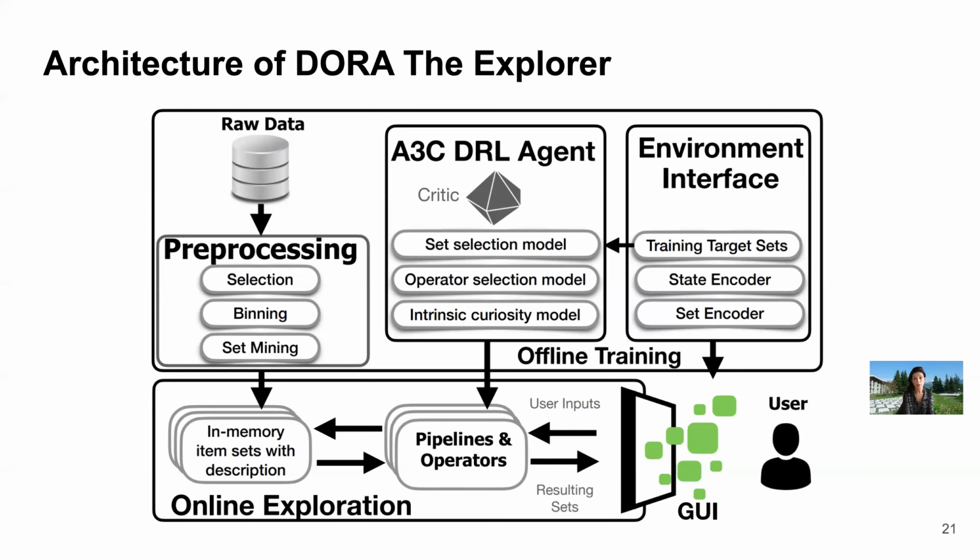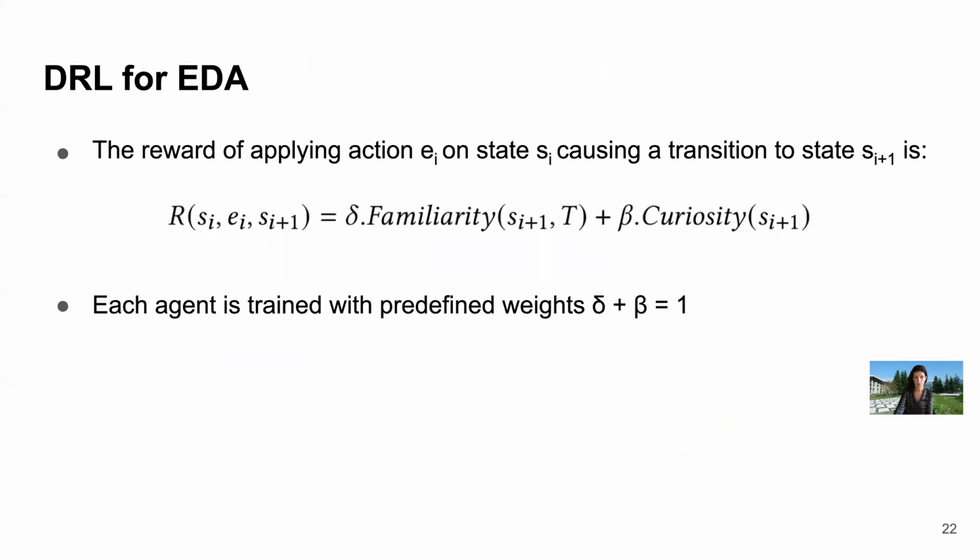And it relies on training policies or training pipelines, exploration pipelines, based on A3C, a deep reinforcement learning agent, where the main challenge is to define the set of operations and also craft the reward function. And then, as I showed you in the quick demo earlier, these models are made available for exploration.